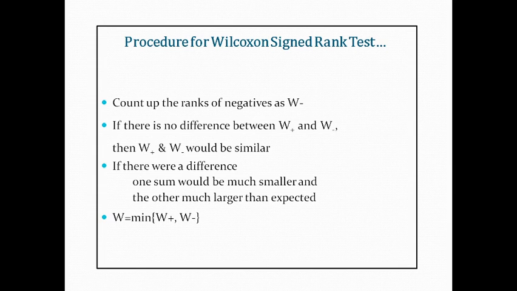That means if the sum of the positive ranks is the same as the sum of the negative ranks, then W plus and W minus are similar. If there were a difference, one sum would be much smaller and the other much larger than expected. So our test statistic is defined as the minimum of W plus and W minus.